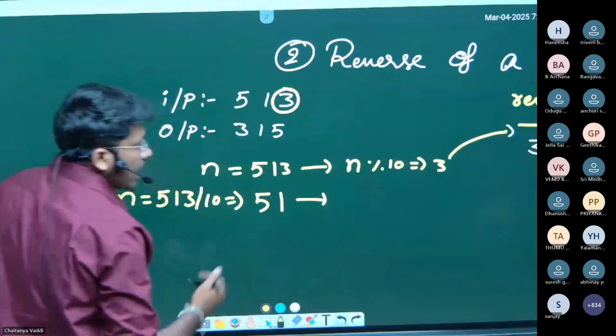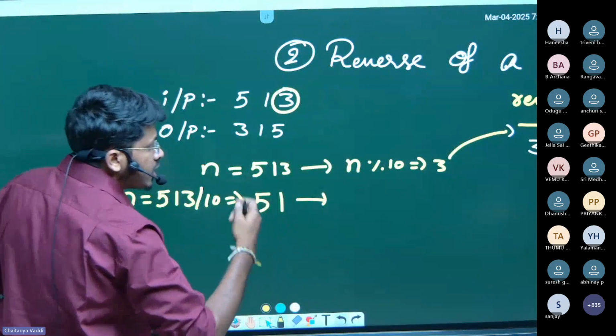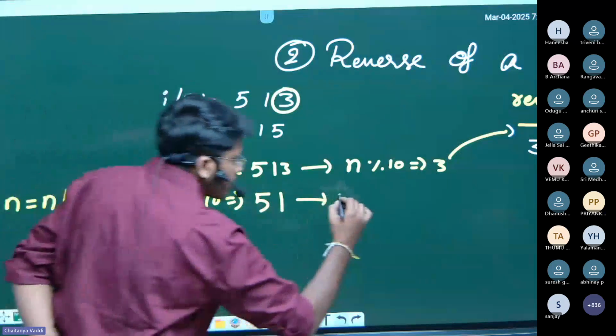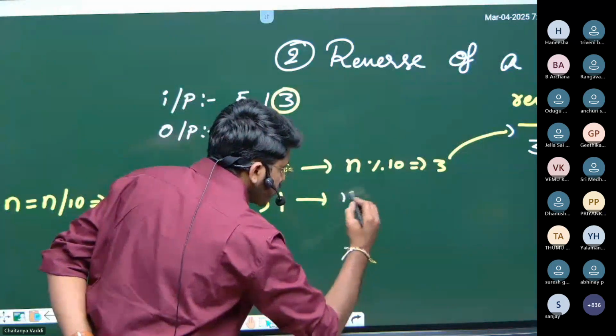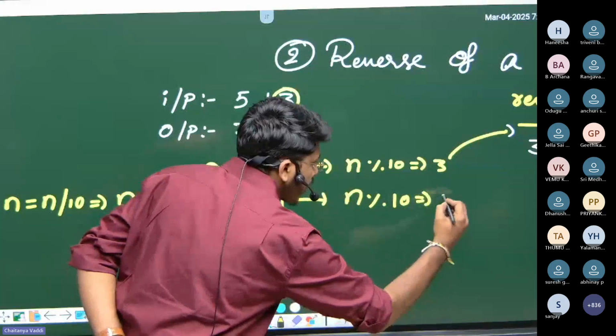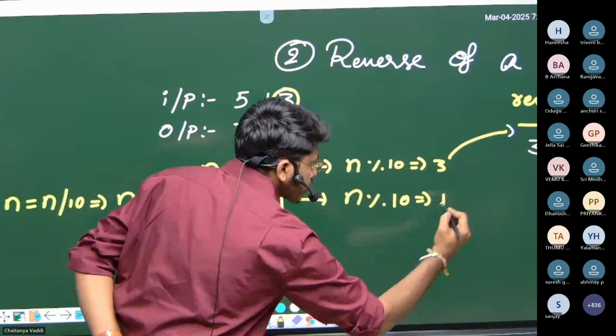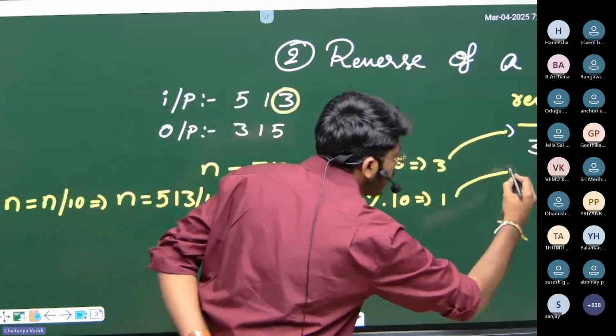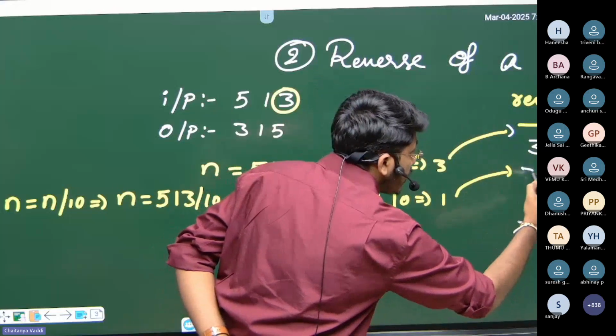Again, I will retrieve the unit digit from the present n value, nothing but n mod 10. So I will get the outcome 1. So I will store this 1 value in REV in terms of 31.